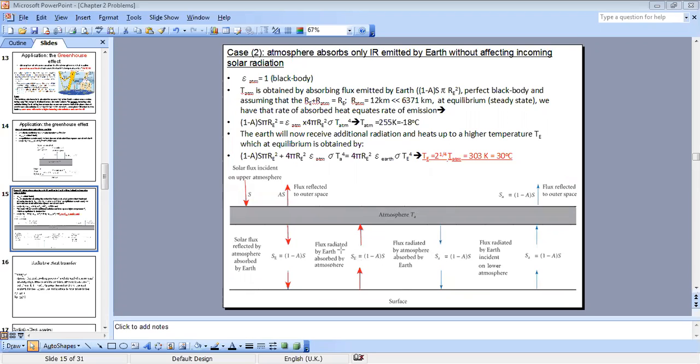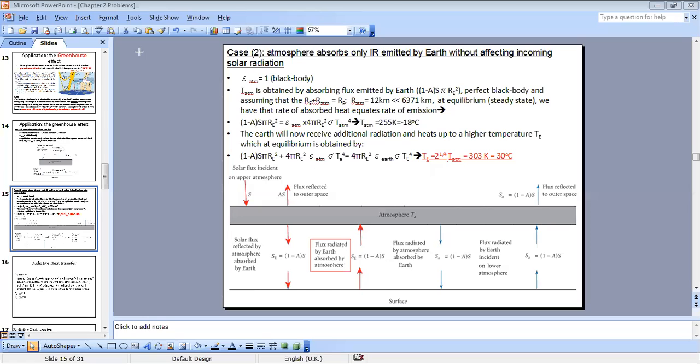This is why now, instead of saying flux transmitted by the atmosphere, we will say that the flux is radiated by the Earth and absorbed by the atmosphere. So you should pay a lot of attention to your terms. In the previous example, the flux was radiated by the Earth and transmitted by the atmosphere.